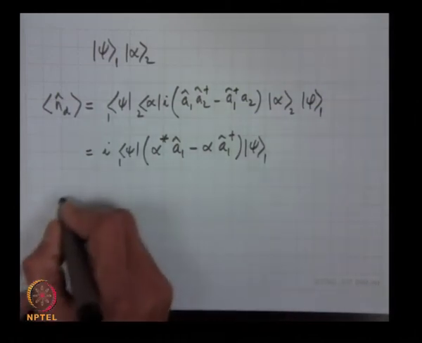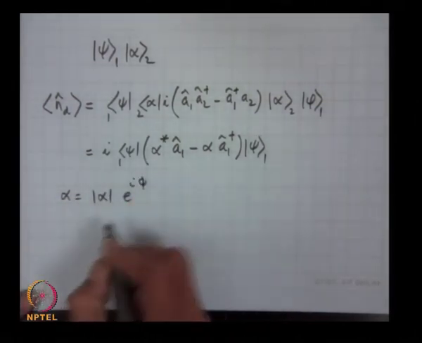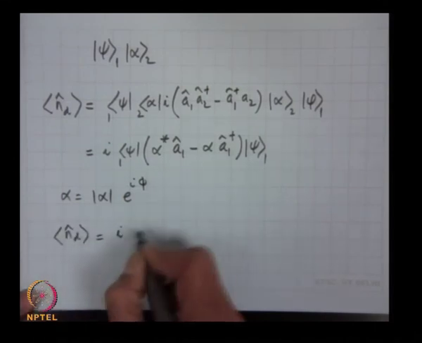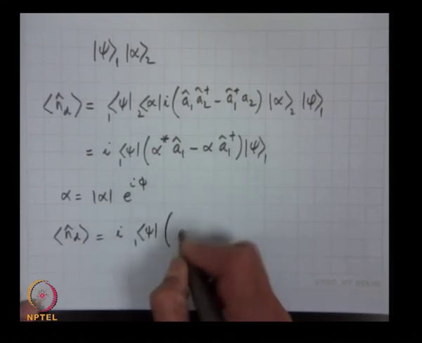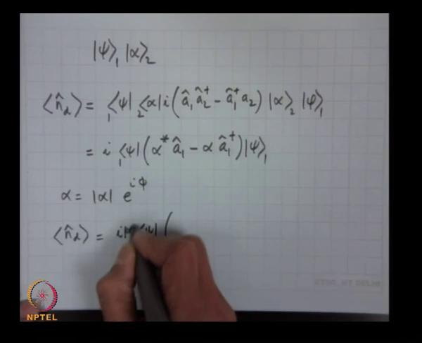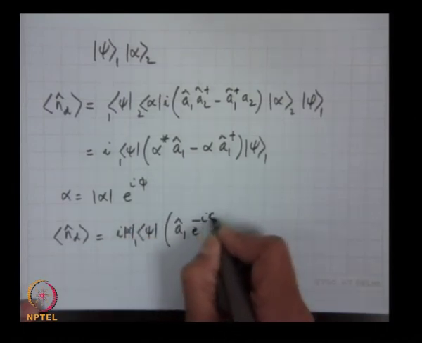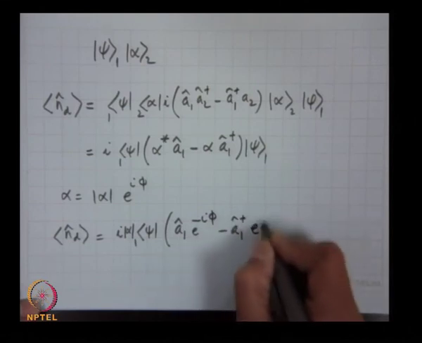And if I write alpha is equal to mod alpha exponential i phi, the expectation value of ND is actually i times, mod alpha let me take out, A1 exponential minus i phi minus A1 dagger exponential i phi.